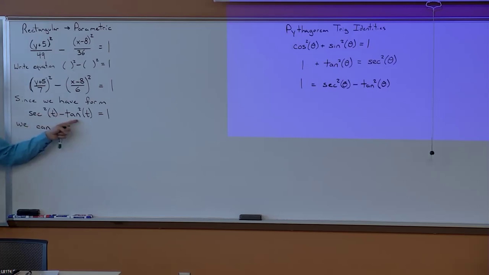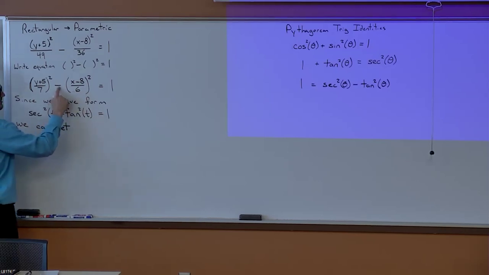Be very careful here that you get the right one associated with the right expression. We're subtracting (x minus 8) over 6, quantity squared. So that has to be the tangent part.